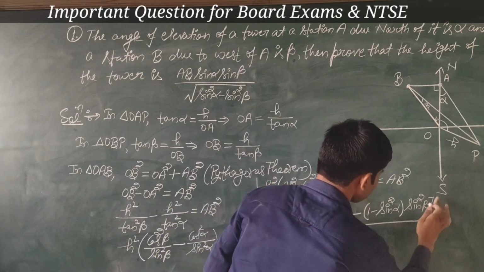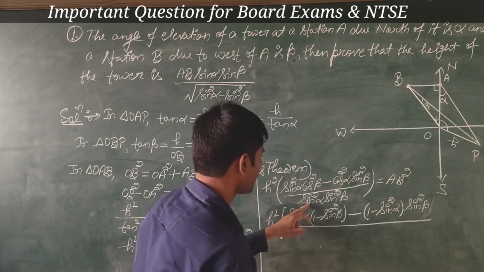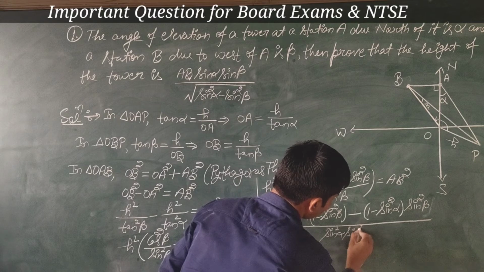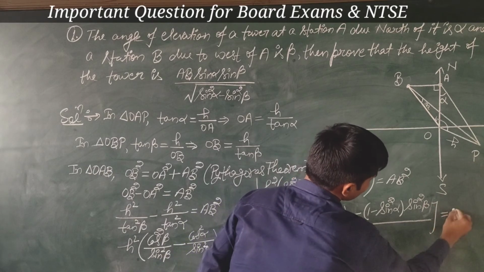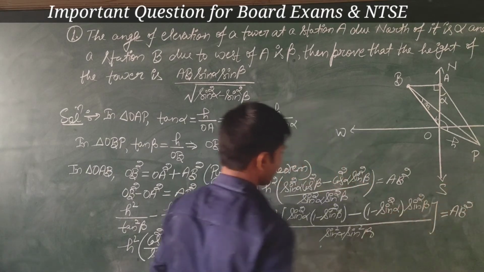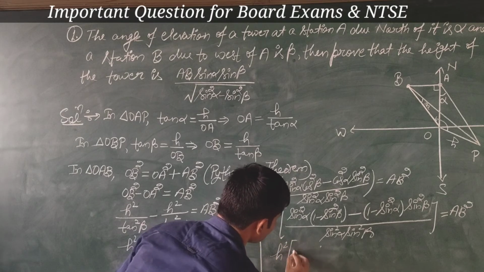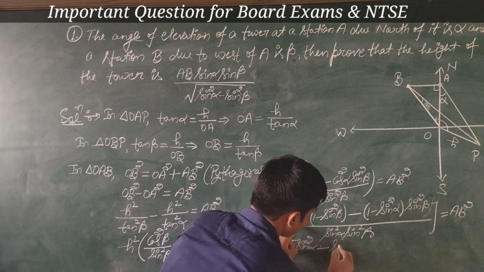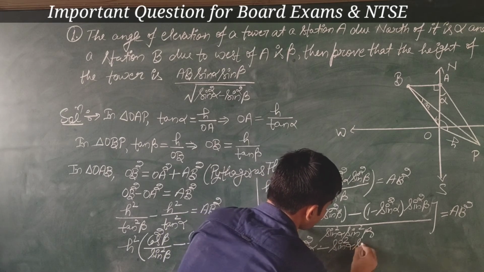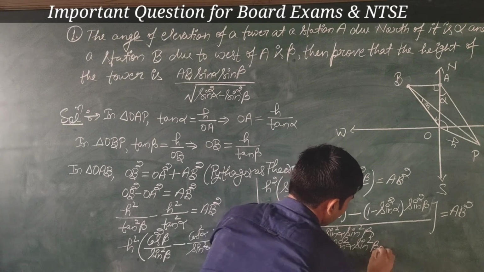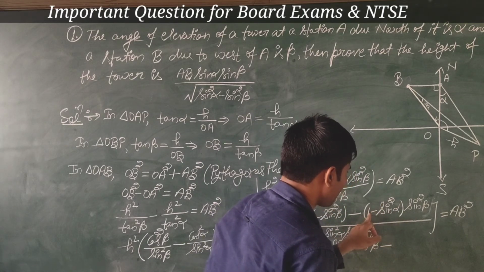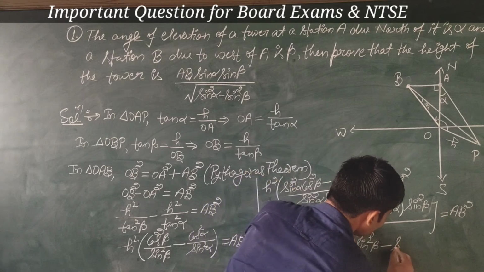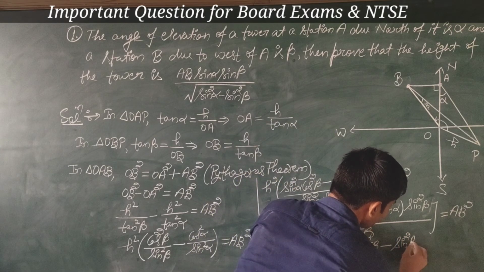In the denominator we write sin square alpha into sin square beta, equal to AB square. Here h square, sin square alpha minus sin square alpha sin square beta, minus sin square beta multiplied by 1, which is sin square beta, and because of this negative sign it will be negative sin square beta.